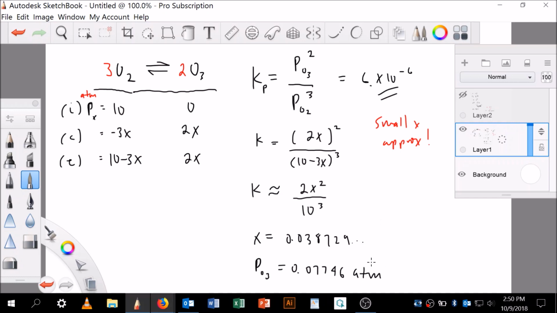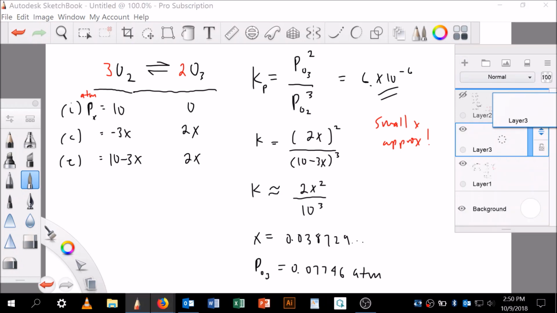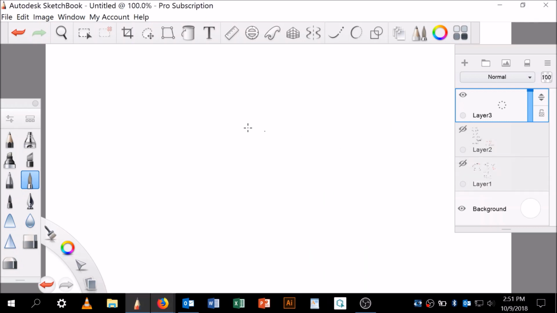So we're going to keep that number there, and the way we're going to check it, I'm going to add a new layer. Let's bring this up here. The way we're going to check this is with the partial pressure 0.07745967, right?